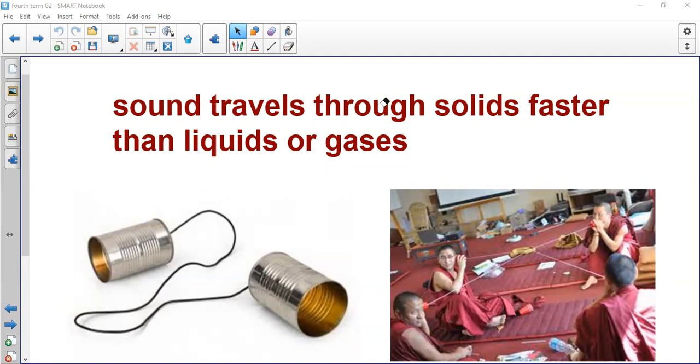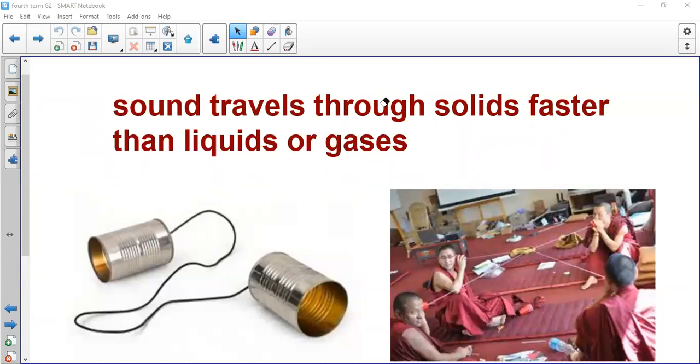We have finished this lesson, and you know that sound can travel through air, like when the rooster crows. Something else that we said is that sound travels through liquids, like dolphins and humpback whales. The last thing we covered is that sound travels through solids faster than liquids or gases.